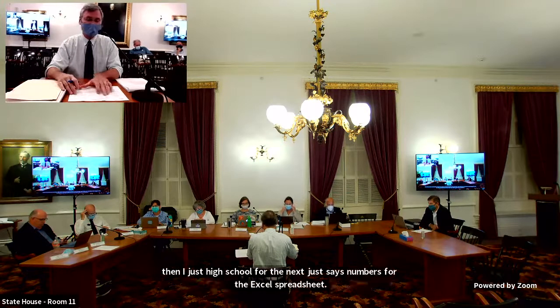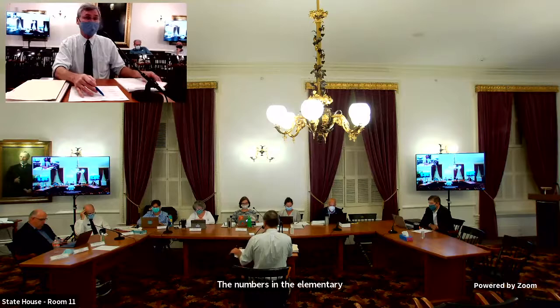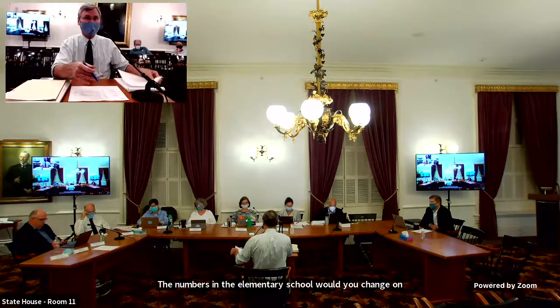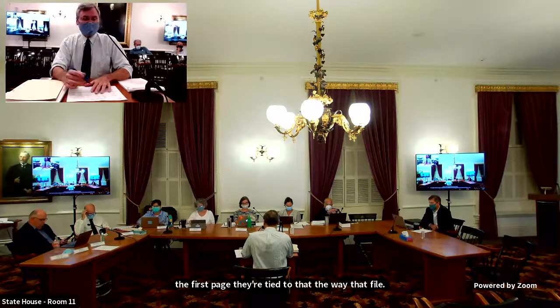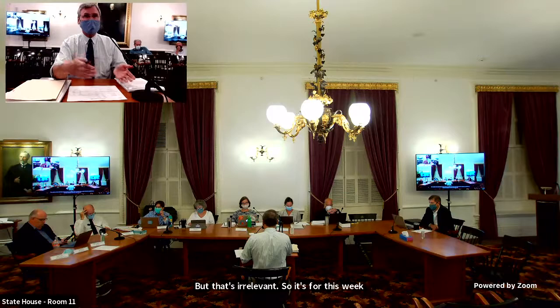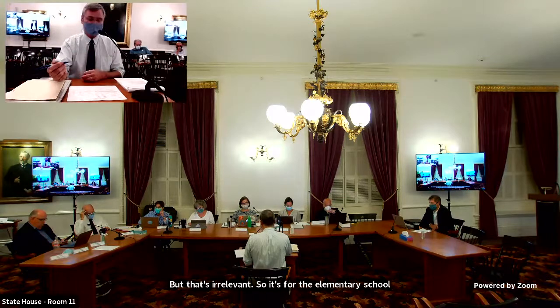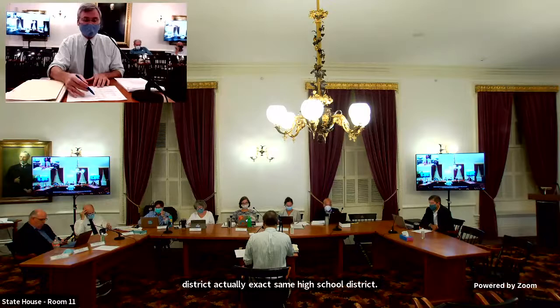If you were doing this on the Excel spreadsheet, the numbers in the elementary school would be tied to the first page, the way that file is set up. But that's irrelevant. So now we calculate the high school district tax rate exactly the same way, and there's no difference except the numbers are different. The Union High School has a budget of about 15.7 million.